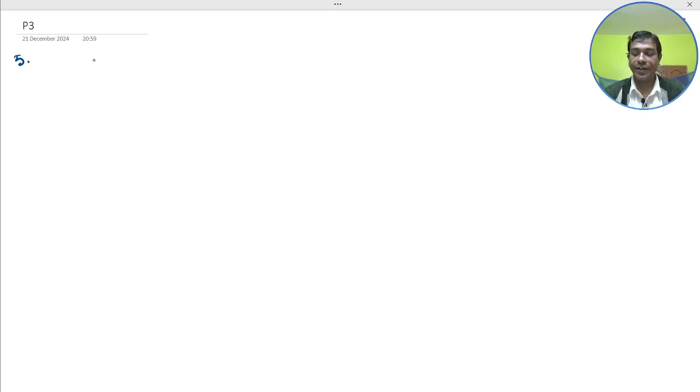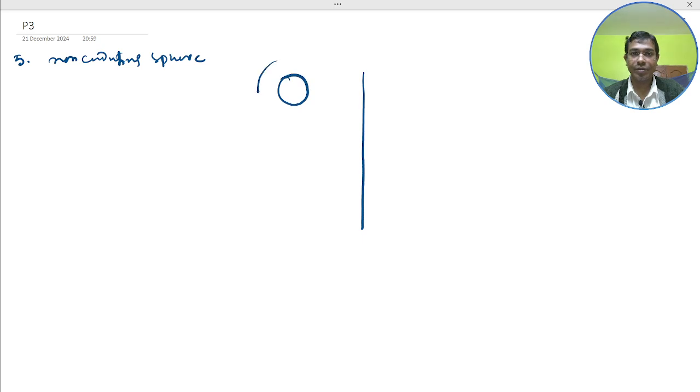For the electric field intensity of a non-conducting sphere, this is the non-conducting sphere, and this is R, origin, and this point is P, this is the electric field direction E, this is r.